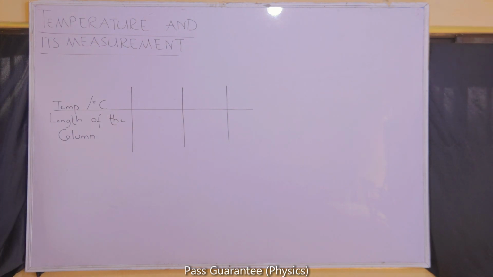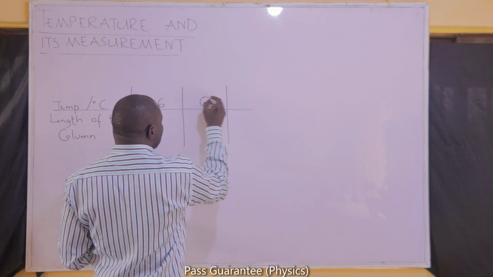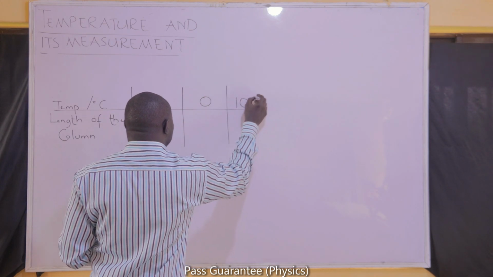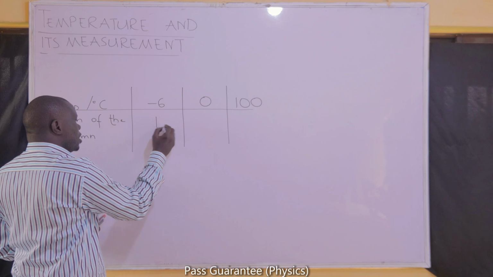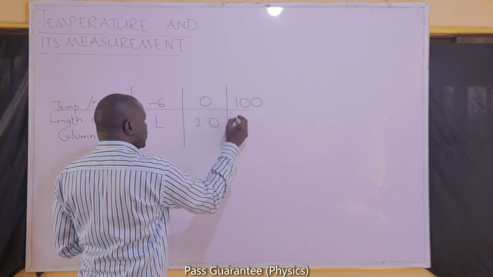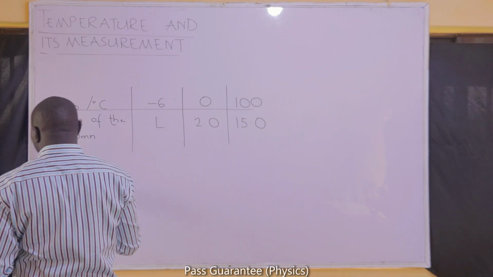The temperatures are -6 degrees Celsius, 0 degrees Celsius, and 100 degrees Celsius, and the lengths are L, 2.0, and 15.0. Those are the things that we have. We are asked to now find the value of L.